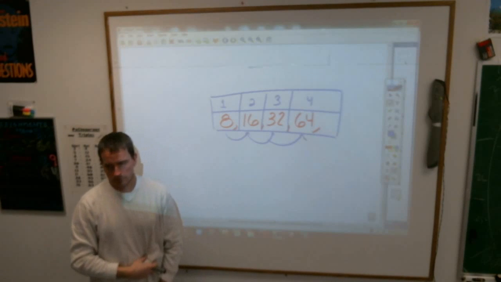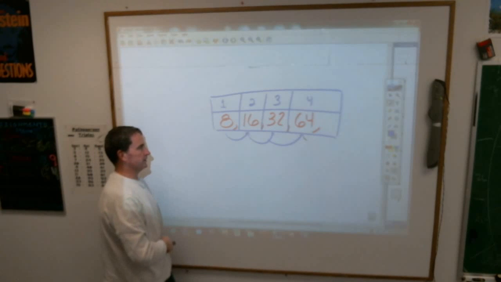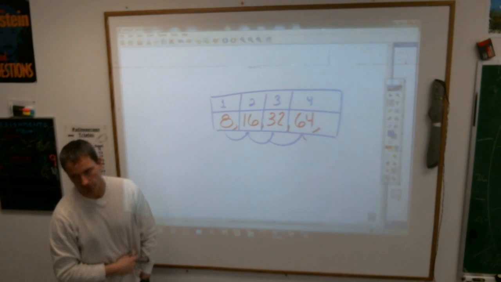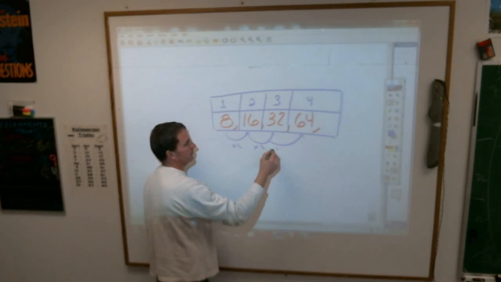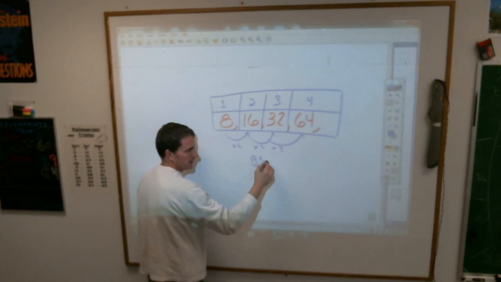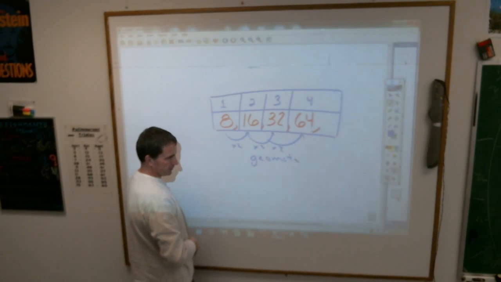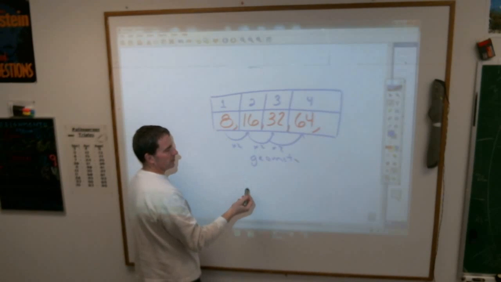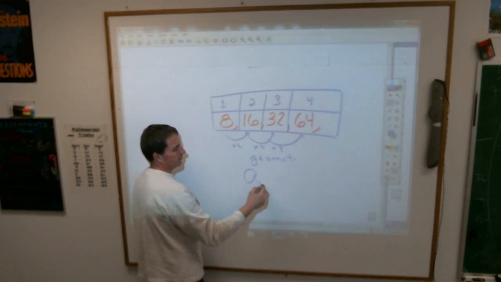What am I doing there? Emily? To go from 8 to 16, 16 to 32, 32 to 64, you are multiplying by 2. If I am multiplying, then it is a geometric sequence, always going to be solved like this. What did I just tell you? A to whatever power.